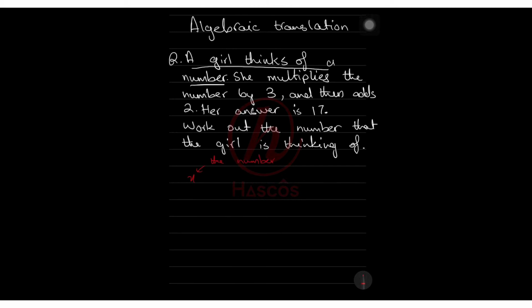Okay, she multiplies the number by 3. Now X multiplied by 3 becomes 3x, and then she adds 2, after multiplying it, adding 2 to it, so 3x plus 2. And then her answer, that means we know that the answer means equals to, is 17.